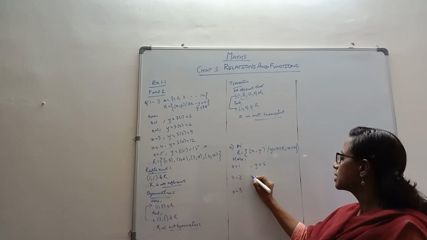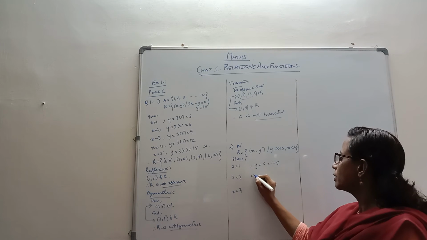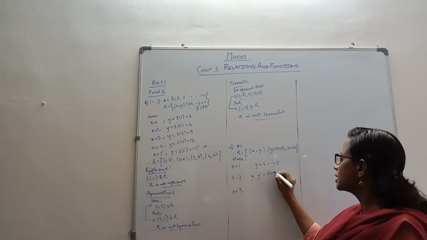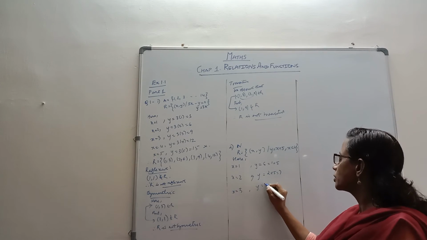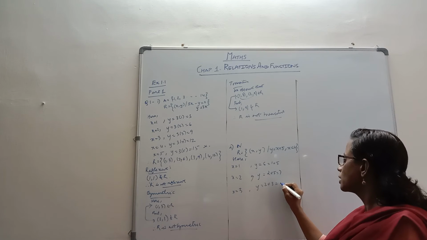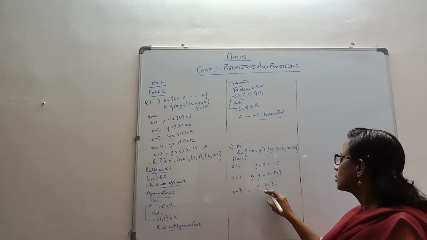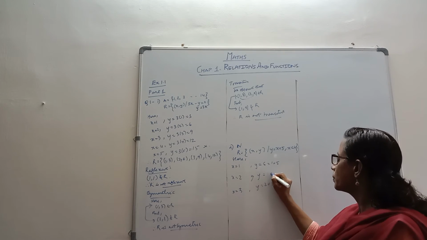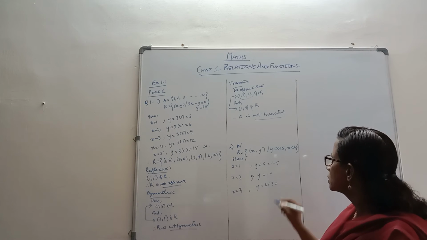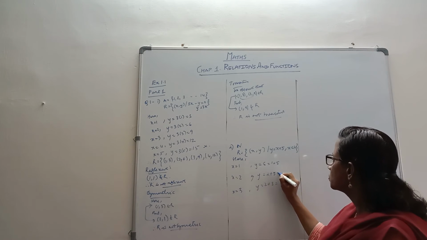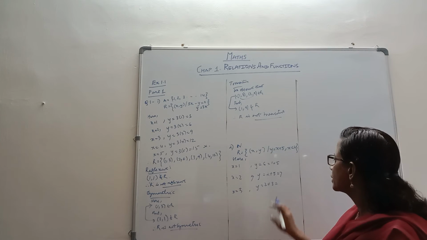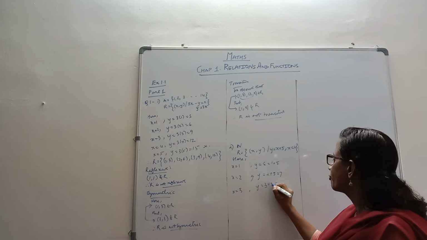So if x is 1, what's the y value? 1 plus 5, 6. Then for 2, the y value is 2 plus 5, 7. And for 3, it is 3 plus 5, 8.